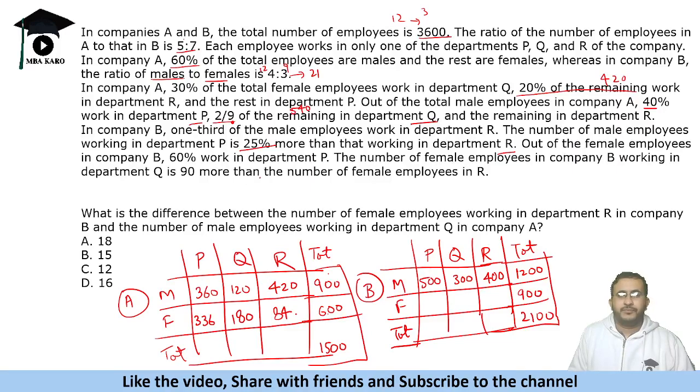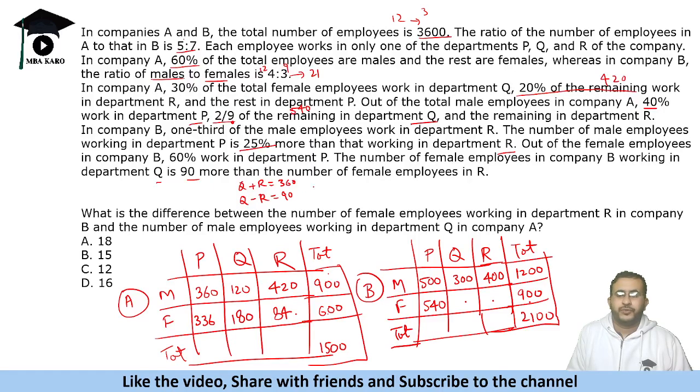Out of the female employees in company B, 60% work in department P. 60% is 540. The number of female employees in company B working in department Q is 90 more than the number of female employees in R. Now Q plus R is 360 and it is also given that Q minus R is 90.